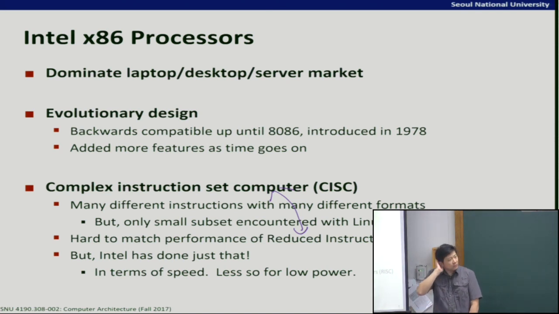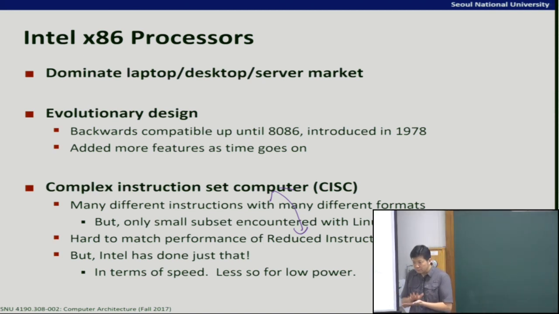This is part of the reason why the Intel architecture is not very popular in mobile and embedded, because in the mobile embedded domain, power and cost are so important. If you have a very complex instruction set, then your chip becomes very complex, and it's very difficult to make it efficient.